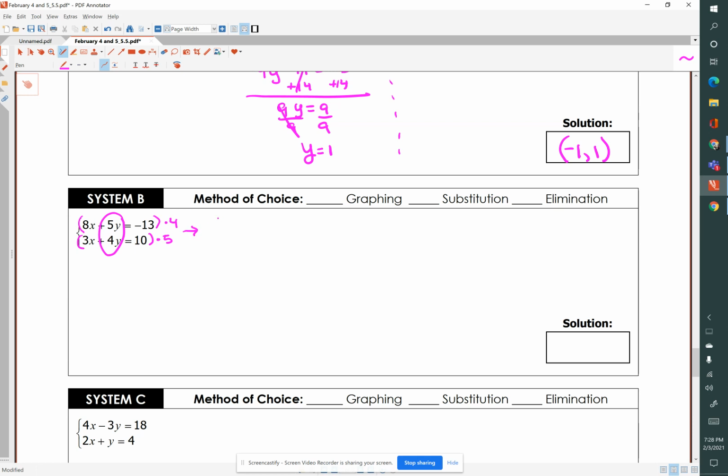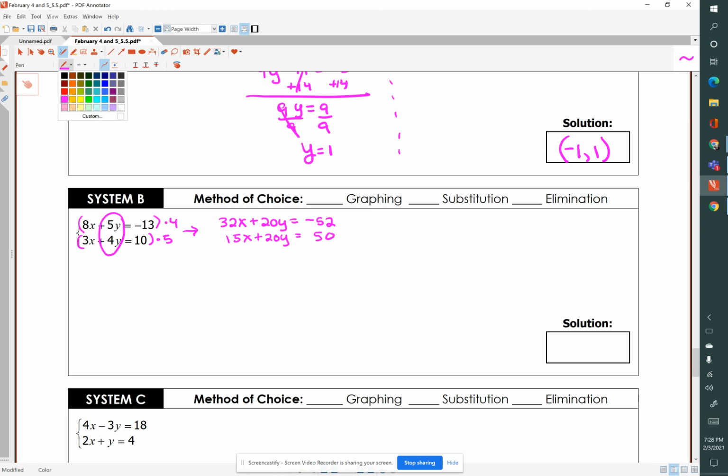So 8 times 4 is 32x. 4 times 5 is 20, so plus 20y equals -13 times 4, which is -52. And the second equation, 5 times 3 will be 15x, 5 times 4 is 20, so plus 20y equals 5 times 10, which will be 50.